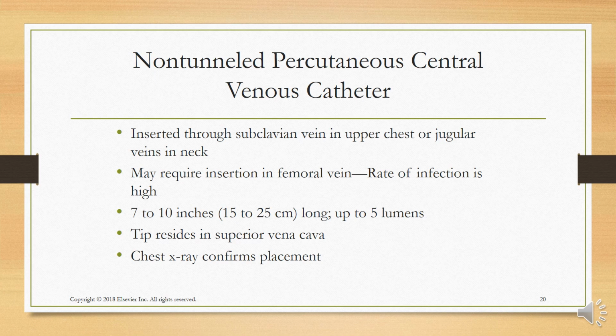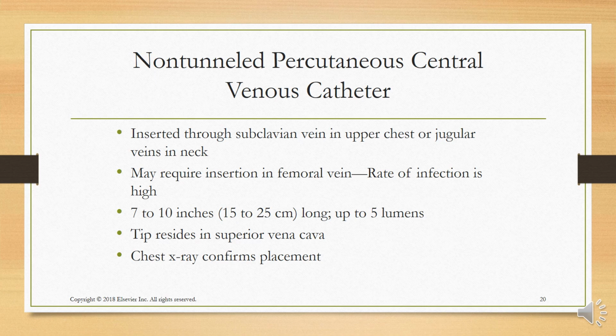But just remember, anytime you have a catheter of any type in a major wet area like the groin, your rate of infection is going to be really high. So if you can possibly have a central catheter in any other vein besides that groin, it would be better.